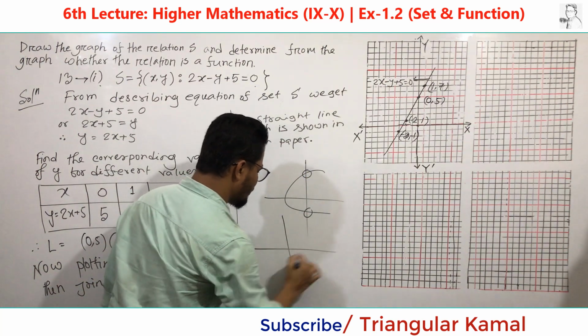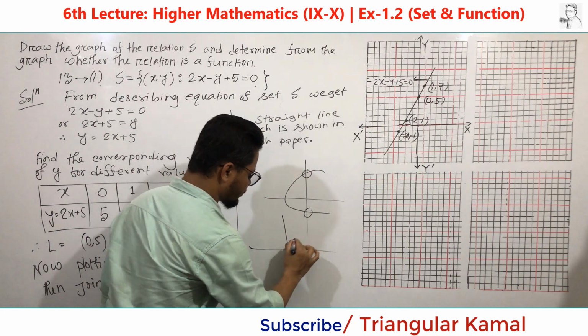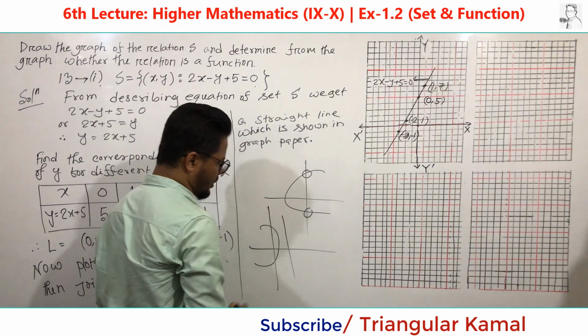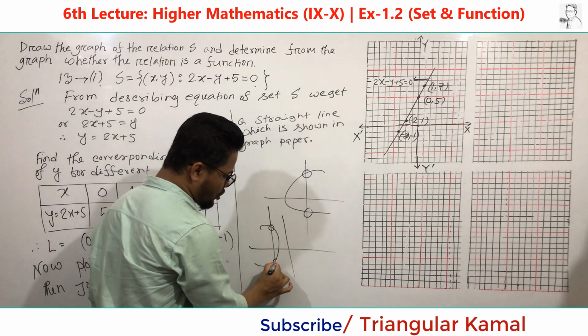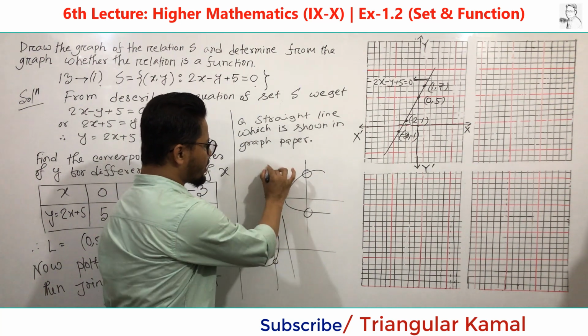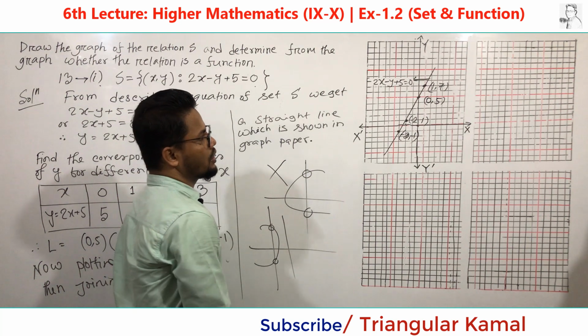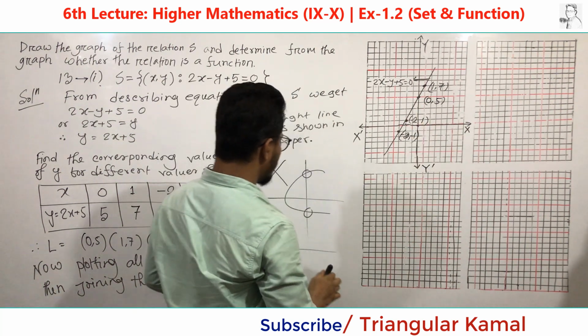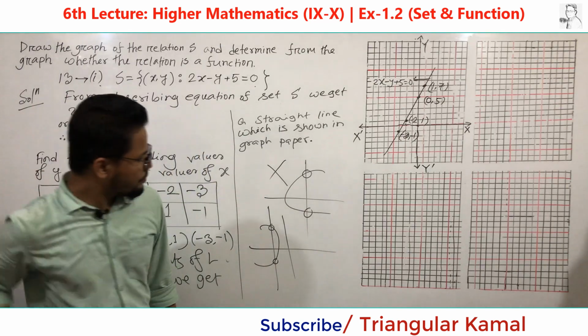And if the graph is like this, and we draw a line parallel to the y-axis, how many intersecting points will be here? 2. That's why these are not functions. But here we see only one intersecting point.